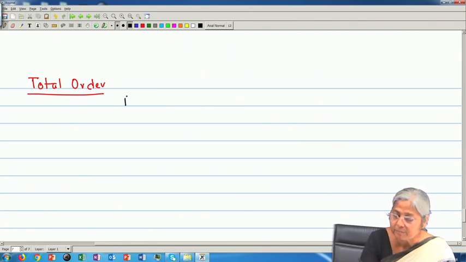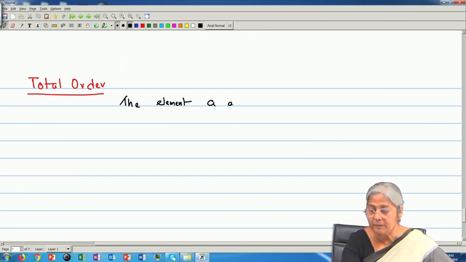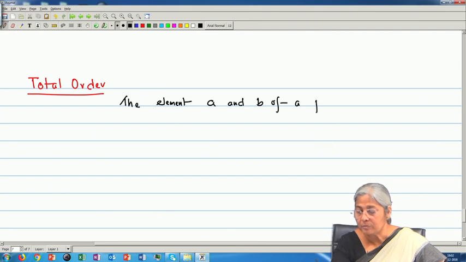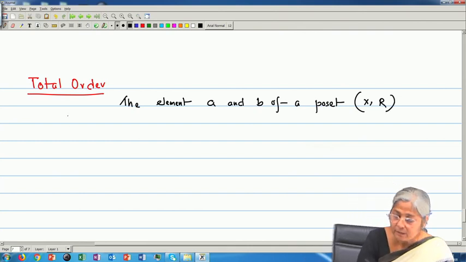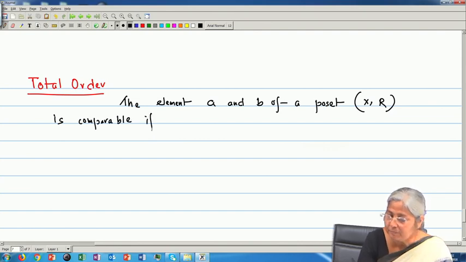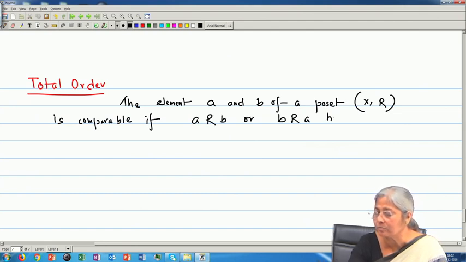The elements A and B of a poset, if it is a partial order set, say in X R, are comparable if A R B or B R A holds.